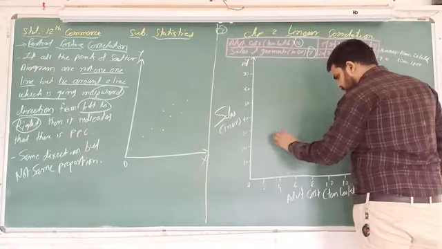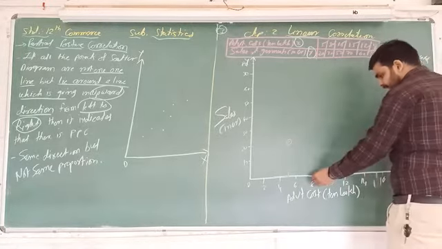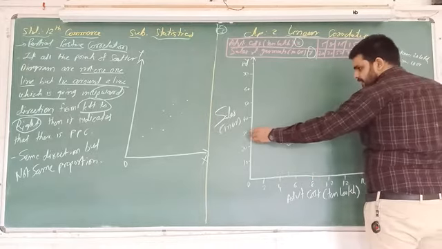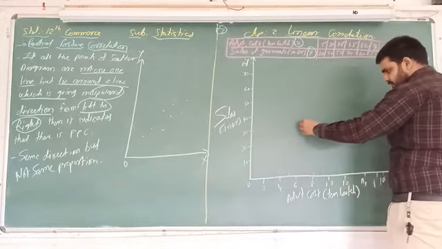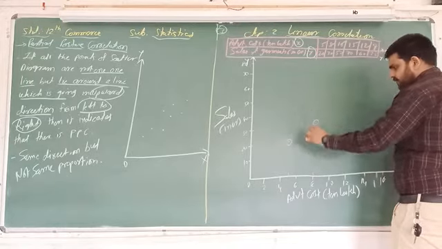This is the first point. Second one, 8 and 30: here 8, here 30. This is the second point.